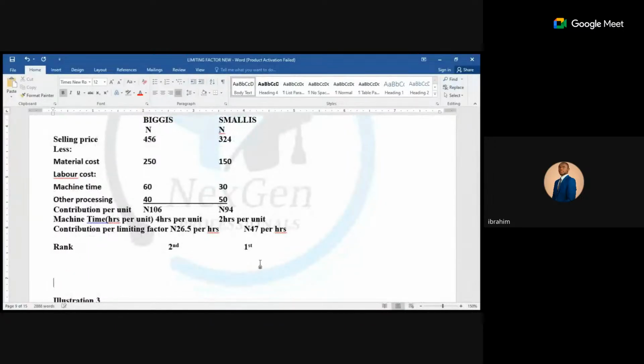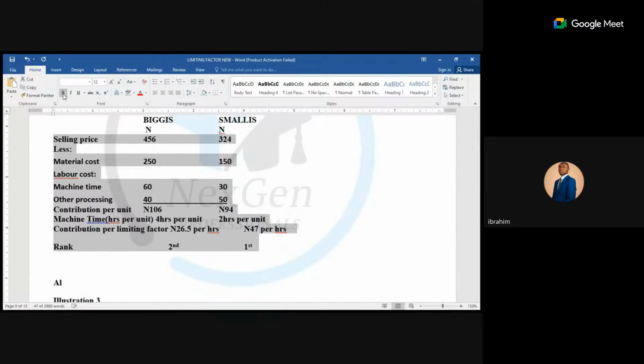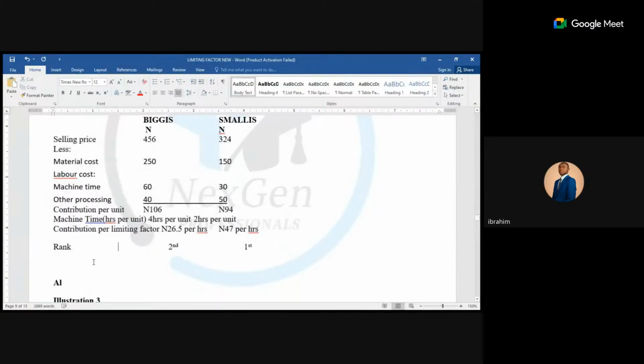Next is to do our allocation, based on the limiting factor.